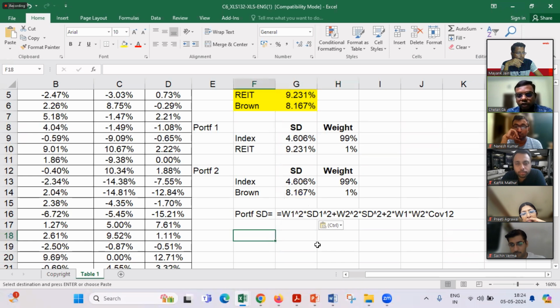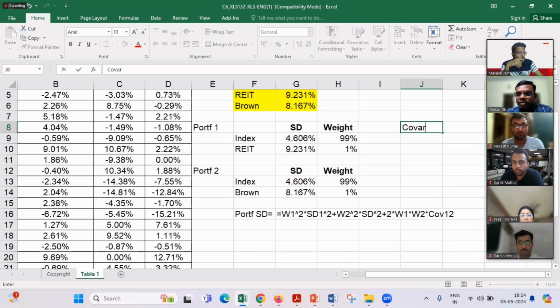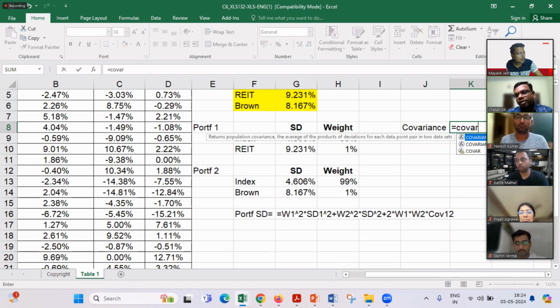So now we have to compute the covariance, because we have already computed the standard deviation and we know the weights given to us. The only thing is we have to compute the covariance. So let me compute covariance now. I'll tell you what covariance is as well. Covariance is equal to covariance, where P and S both are available.